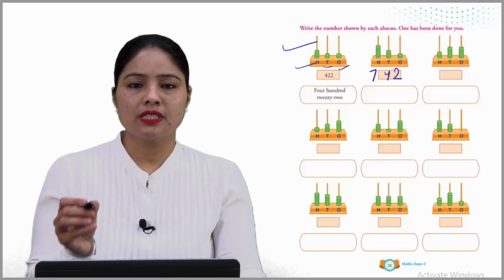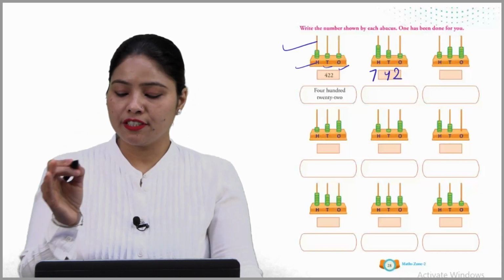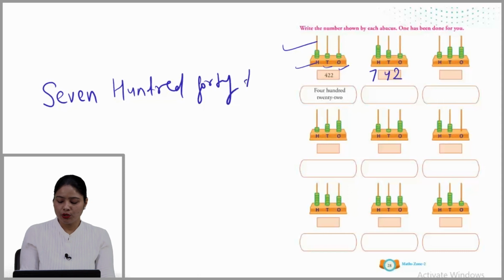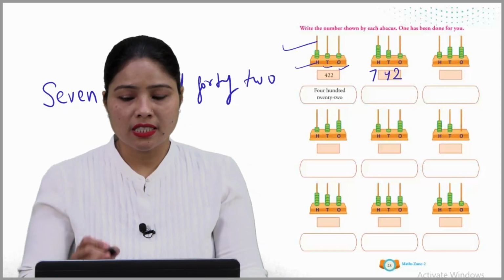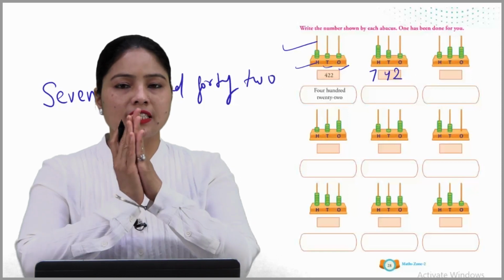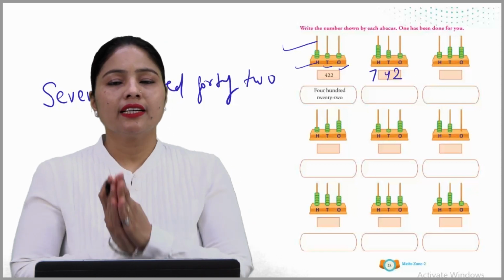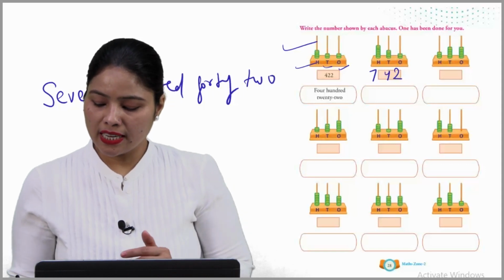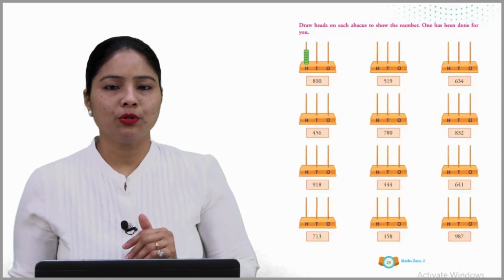So it becomes now 742. So write it like 700, 40 and 2. Okay, so this is how we count the beads and write the correct value of that particular one. Okay beta, so these are the other examples, you have to fill them by your own.